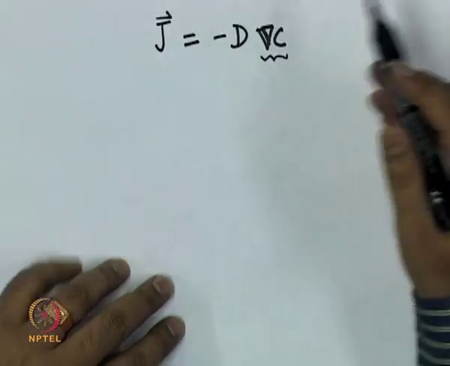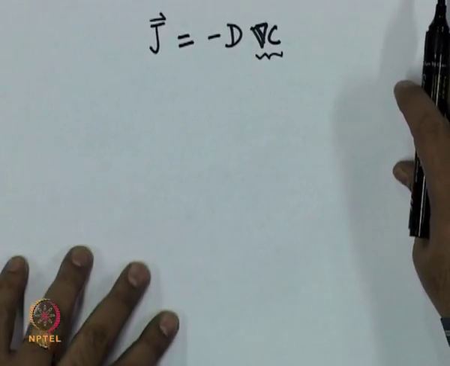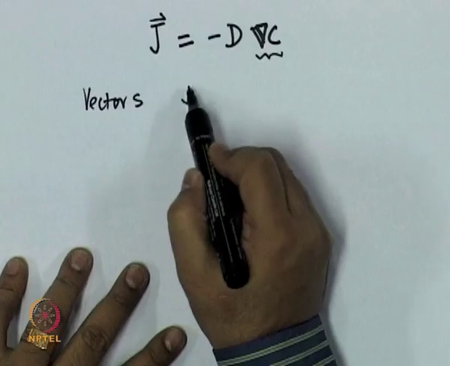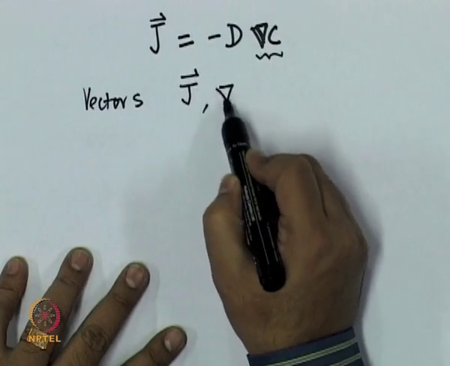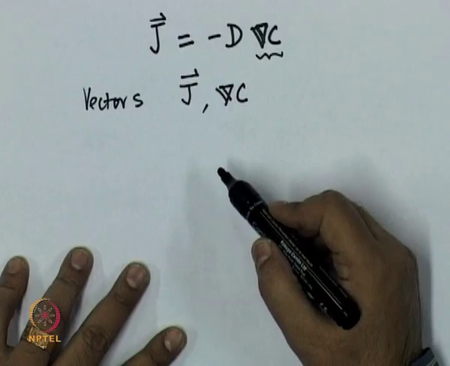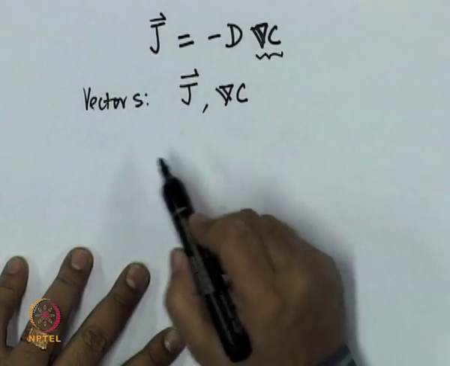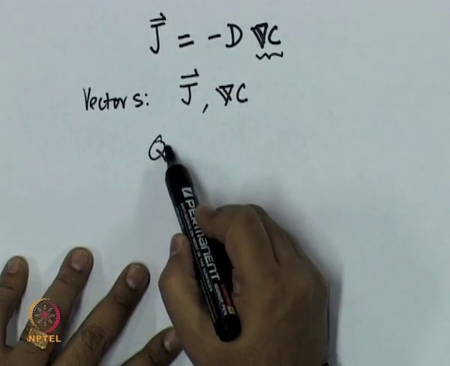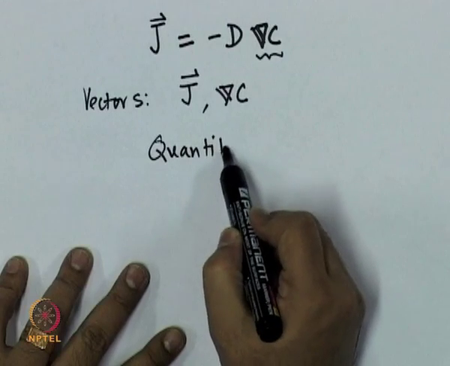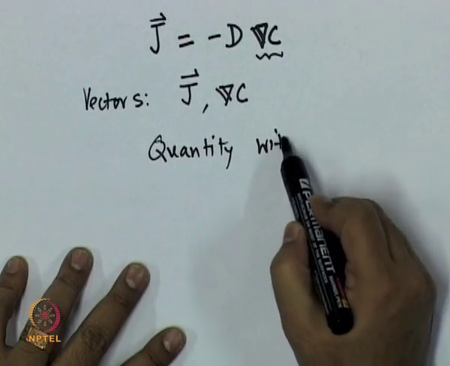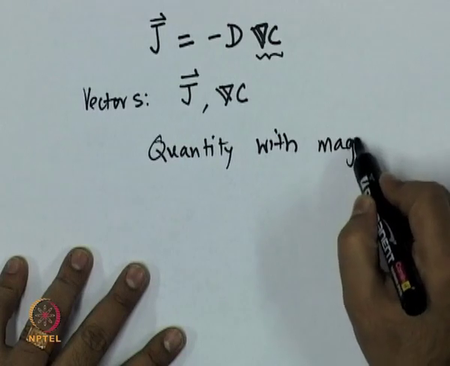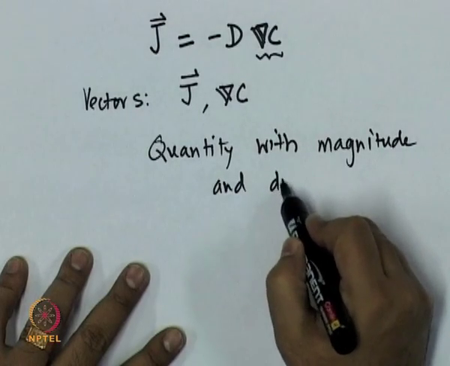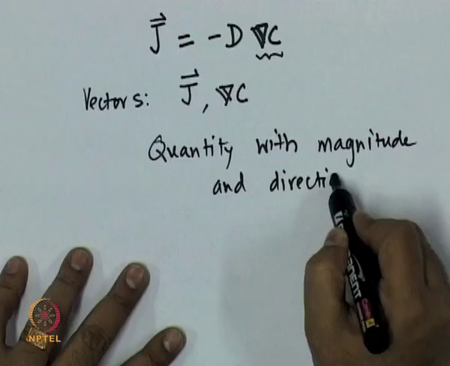Now, what do we mean by vectors? Both J and del C are basically vectors. So, what is the meaning of vector? A vector is a quantity with a magnitude and direction.